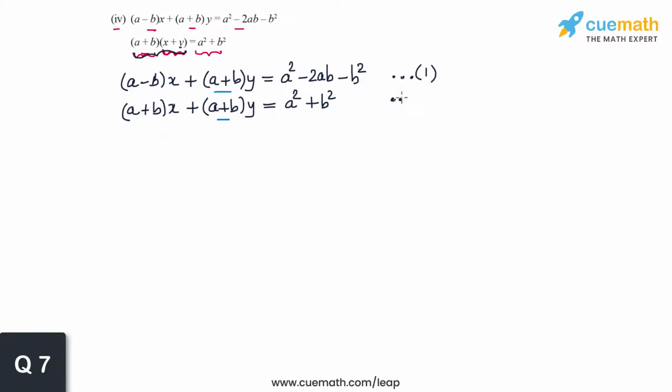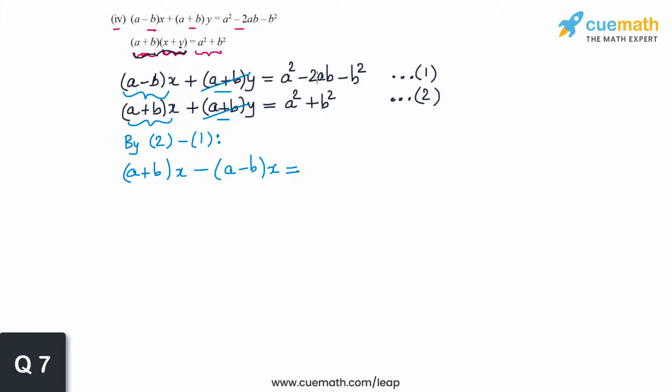So let's call these equations 1 and 2, and we'll simply subtract these two equations because that will eliminate the terms in y. So let me do 2 minus 1. So what will happen? On the LHS, I will get (a plus b) times x minus (a minus b) times x, and the y terms will cancel out.